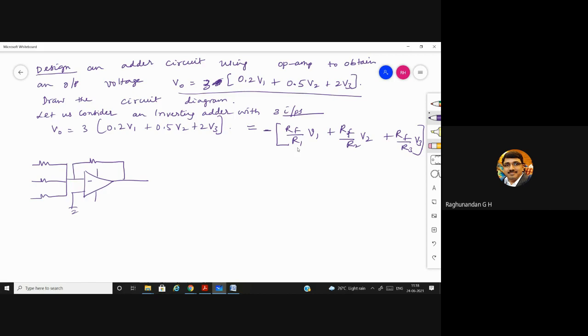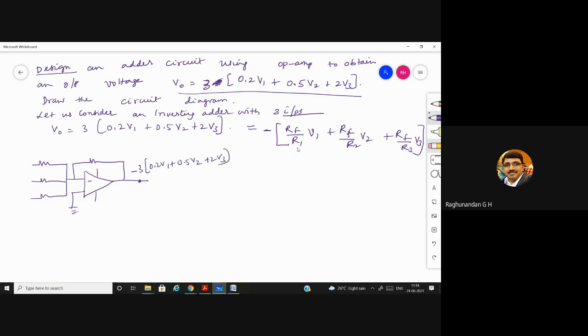And now at this point, this voltage, whatever we get, will be inverting. Inverting amplifier. Yeah, so here the inverting adder you used, so here we will be getting minus 3 into 0.2 V1 plus 0.5 V2 plus 2 V3.